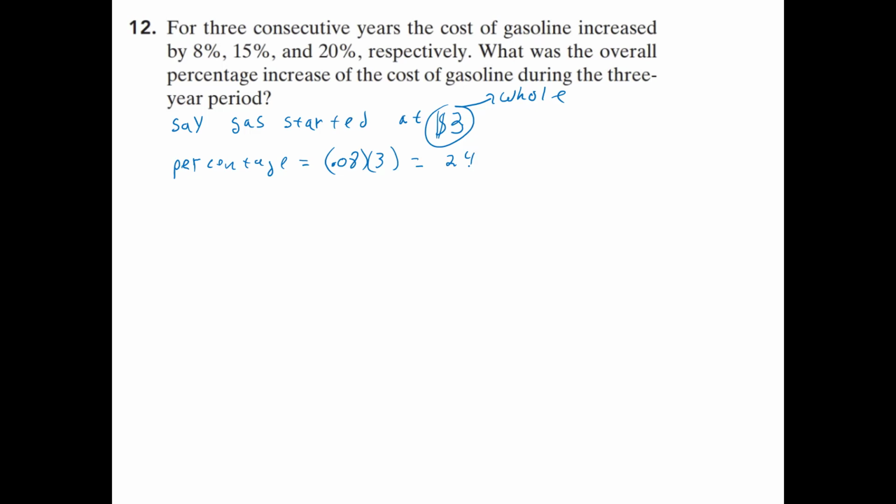Okay. Now the next year, when it goes up 15%, your base has changed. Your whole has changed because your new whole, you started out at $3, but then you're going to add 24 cents to that. So now your next year, the amount of your increase is going to be 0.15 times the 3.24 because your new whole is going to be the original $3 plus the 24 cents that the gas increased by.